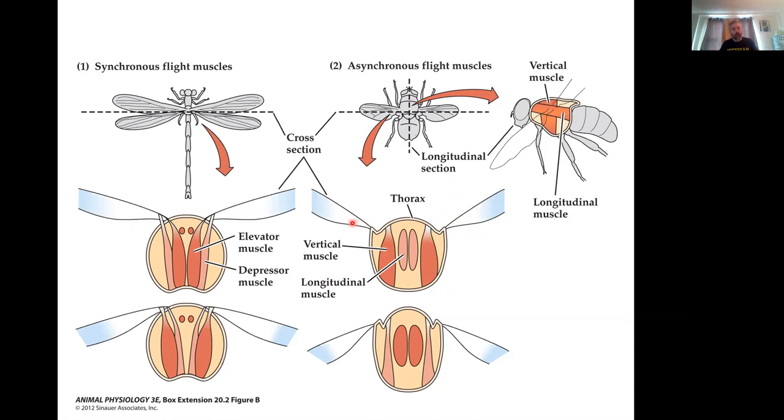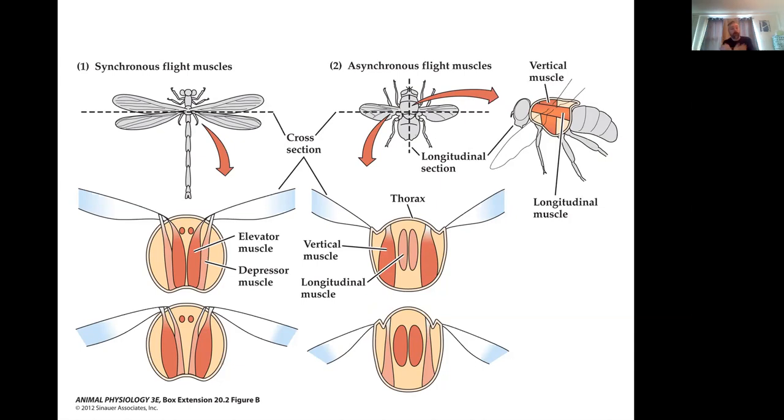Then those muscles can relax, and the elastic rebound of the cuticle, of the exoskeleton, causes the thorax to expand in that vertical direction. At the same time, the longitudinal muscles are pulling it shorter, and as they shorten it, it also forces the top and the bottom apart. So we've got some muscle activity and some stored energy causing this vertical expansion, which causes the hinge to go down and the wing to go down.